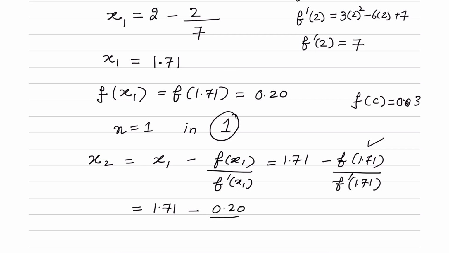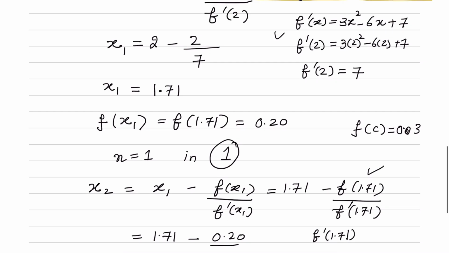But to find f dash 1.71, we have calculated f dash x in here. So we will put 1.71 in the place of x. 3 into 1.71 square minus 6 into 1.71 plus 7.